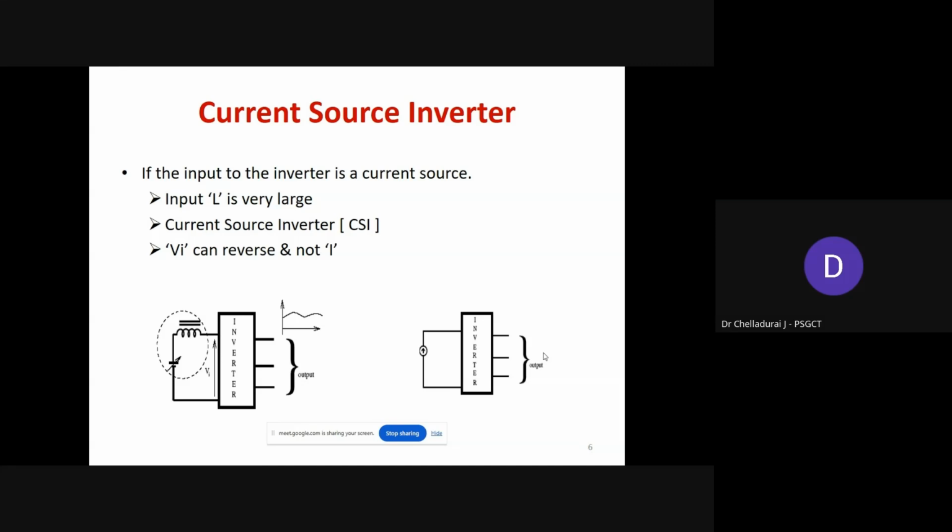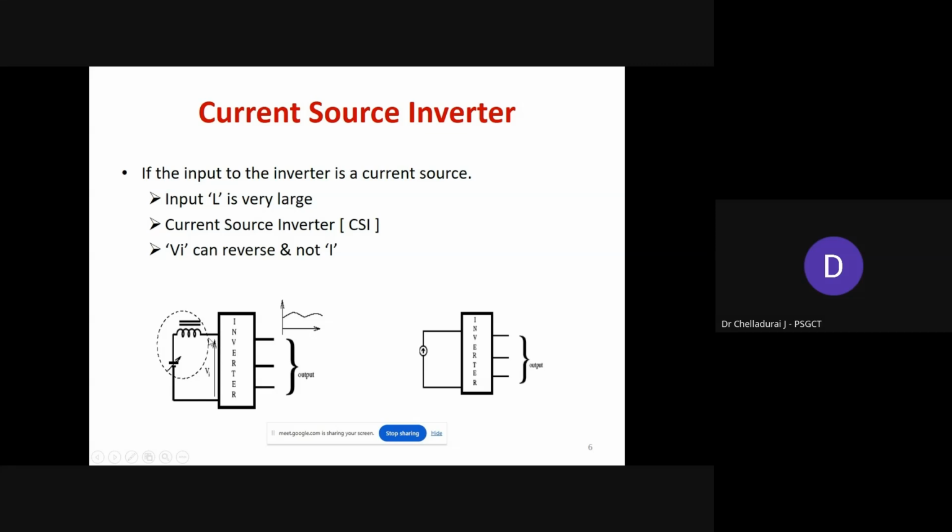In this current source inverter, practically there is no current source, so we have to get a constant current source by using a voltage source only. With the voltage source, we connect a very large inductor to maintain the input current magnitude as constant. Then, again using power electronic switches, we can convert this DC into AC.